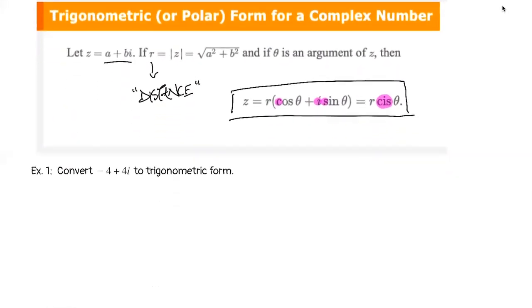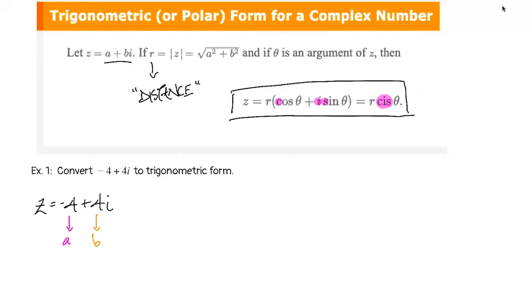So we've got example 1 here. Convert -4 plus 4i to trig form or polar form. That means that I have z equals -4 plus 4i. That means that my a is -4 and my b is +4. Okay?